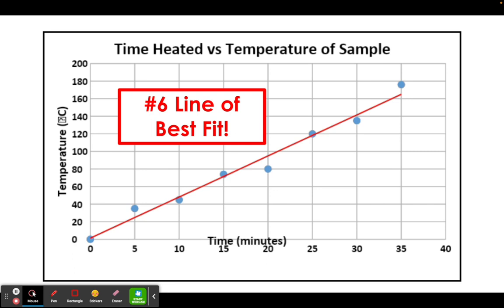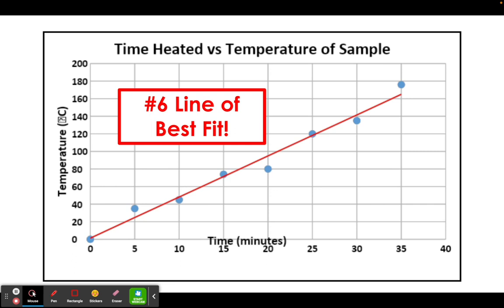So some data points are going to be below the line, some data points are going to be a little bit above the line, some data points are going to be on the line, or touching the line. So your best fit line is basically your best attempt at getting that line as an average of those data points. So this is something you're going to need to draw in. You don't want to connect the dots.